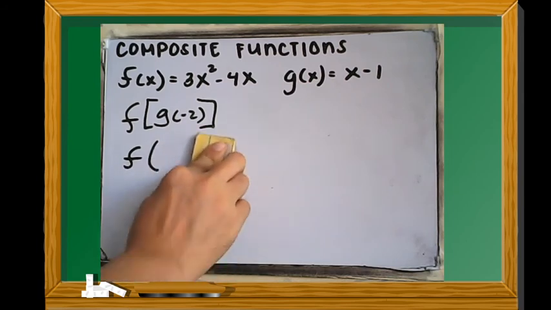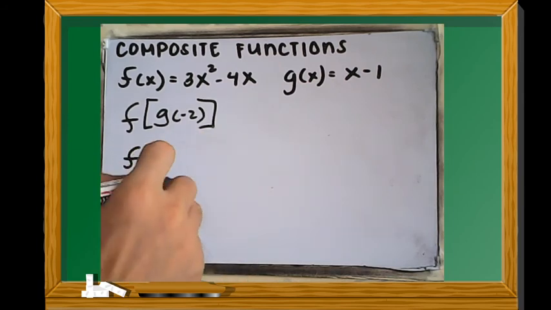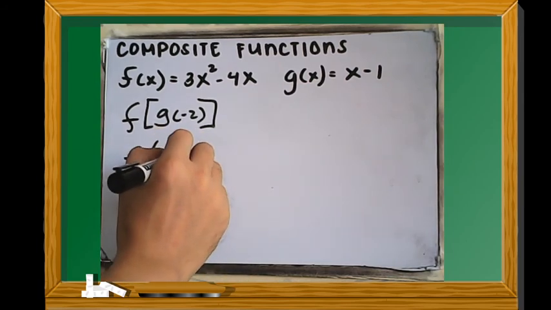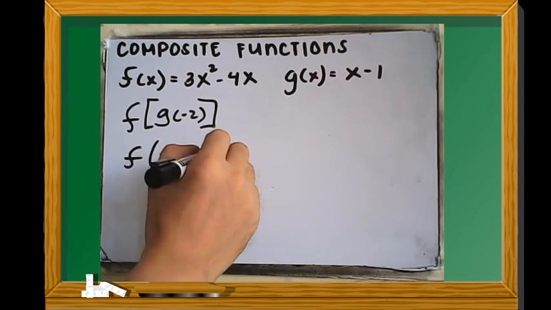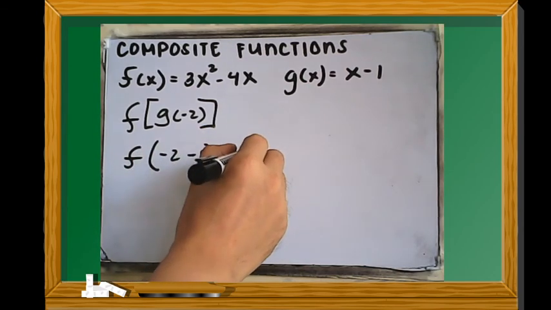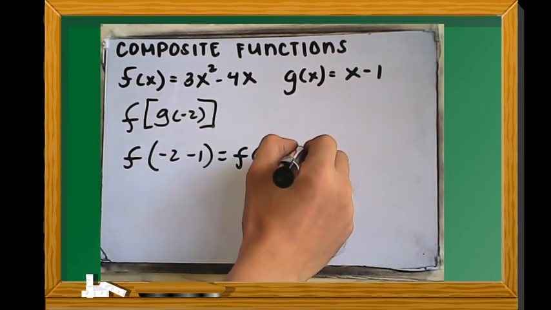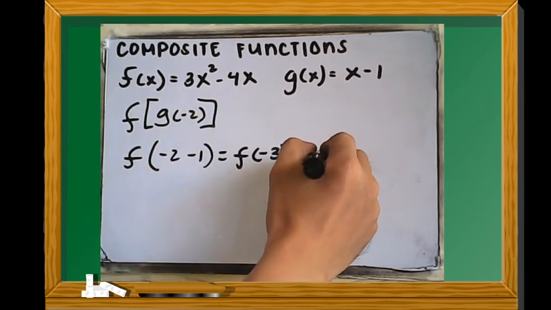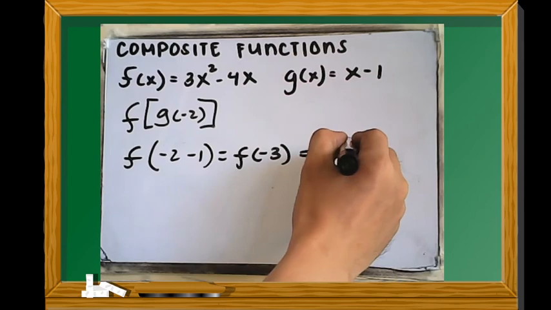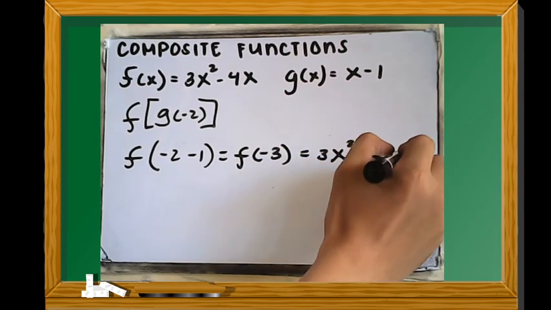And then, negative 2 minus 1 becomes f of negative 3. And then, from f of x, we just copy the function, 3x squared minus 4x.